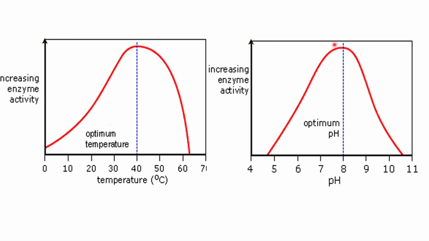Just draw this line, you will find it at the top, which means 8. This is the optimum pH. Again, the same question. Do you think on 7 it's not working? It's working, but not in an efficient way like on 8. Do you think on 9 it's not working? The same thing. But around 10.5, the pH, that means the enzyme no more working, denatured, broken now.